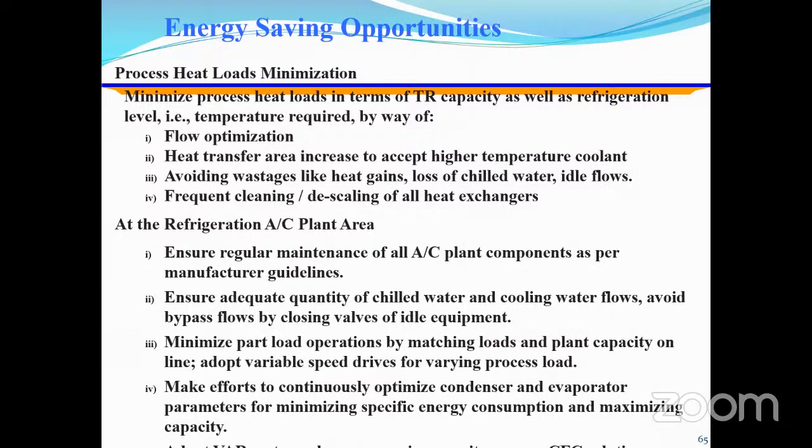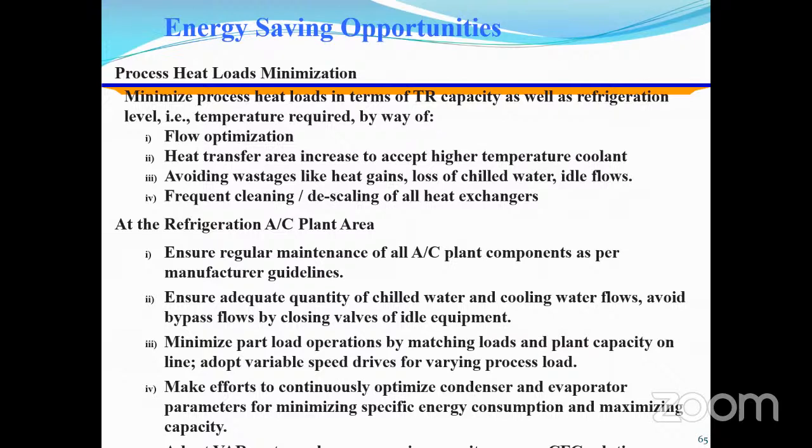So heat exchangers means the condenser coils, then chiller coils. The coolant means the chilled water temperature at the refrigeration AC plant area.